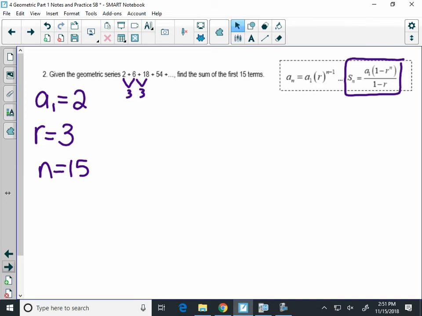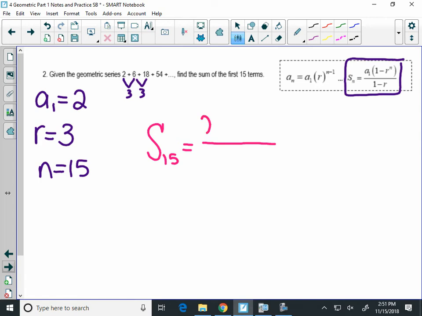So again, it looks like I have everything that I need to put into my sum formula. We're finding the sum of 15 terms. And to do that, we're going to take the first term, 2. And in parentheses, we're going to do 1 minus our common ratio to the 15th power. That's our n. All over 1 minus the common ratio.